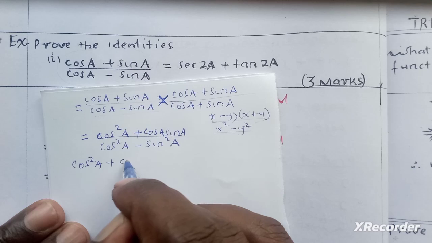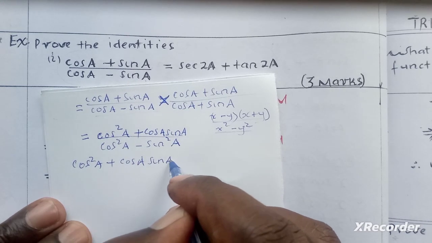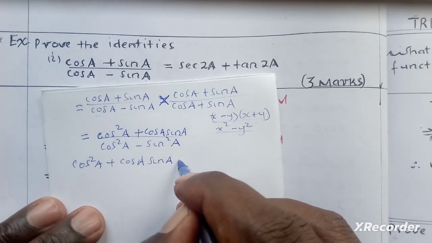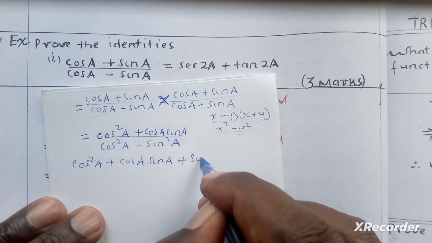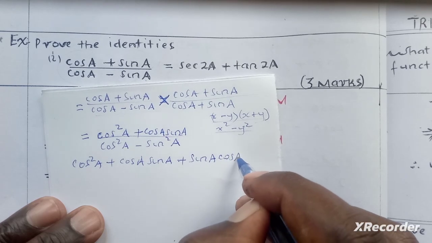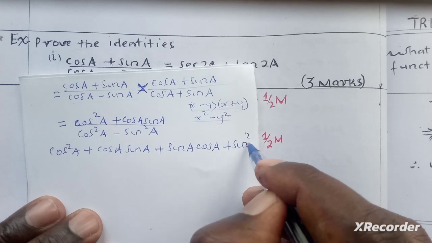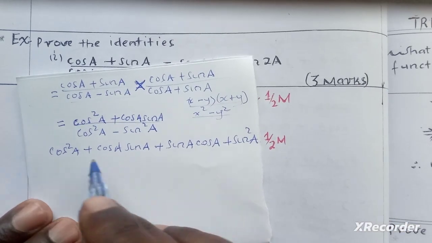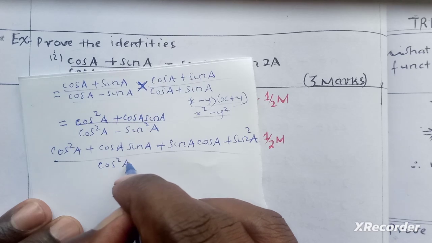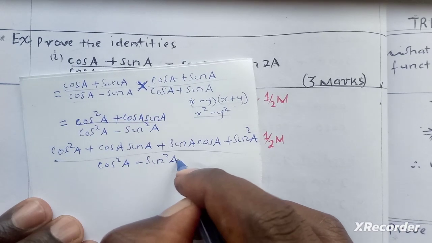Plus cos A sin A. Then multiply this and that, it will be plus sin A cos A, and finally plus sin squared A. This one all over cos squared A minus sin squared A.